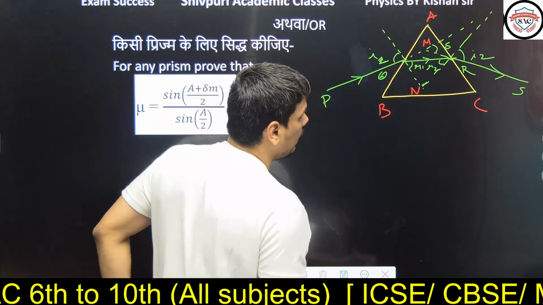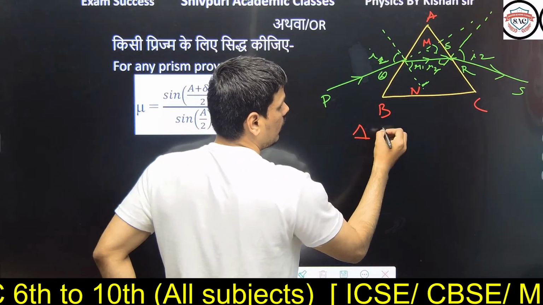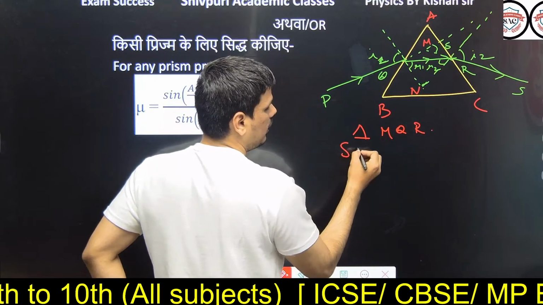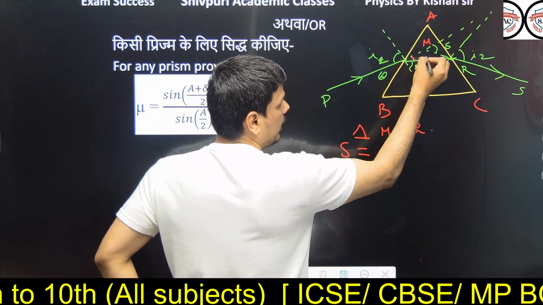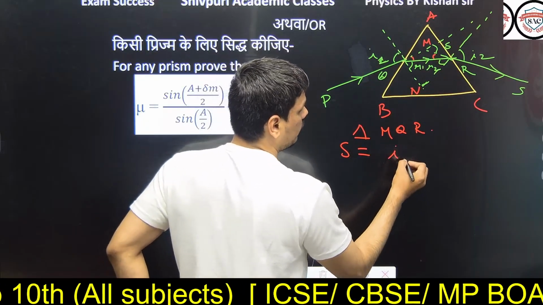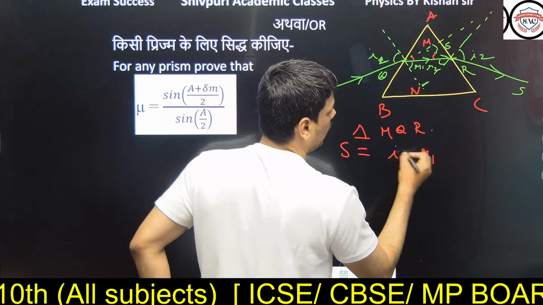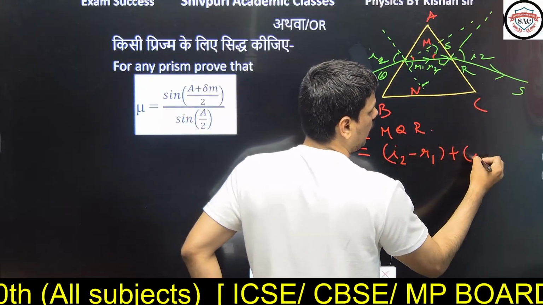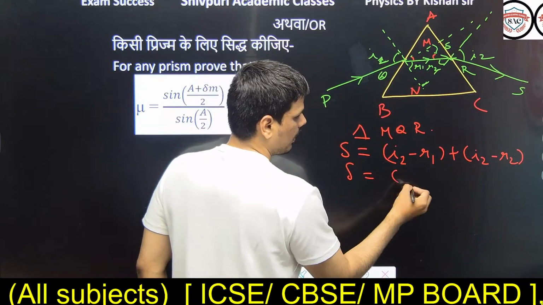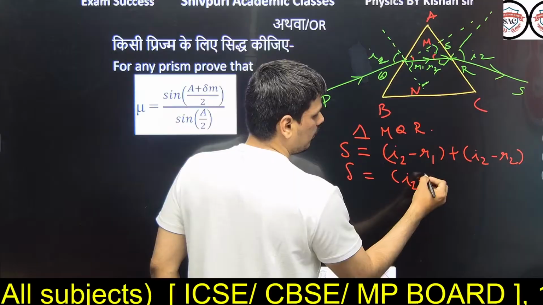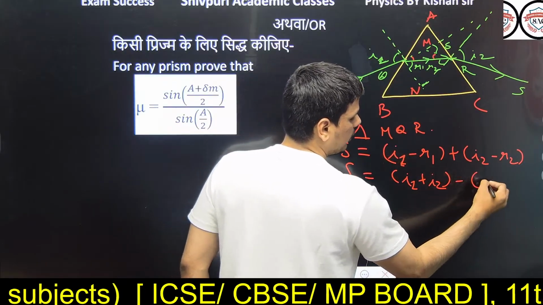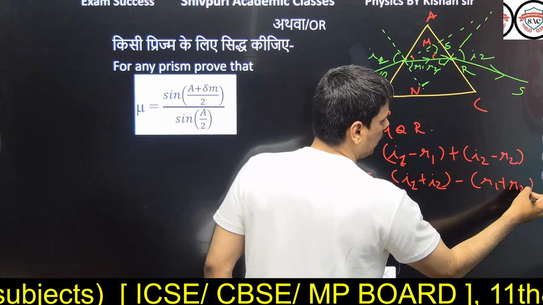In triangle MQR, our angle delta equals I1 minus R1 plus I2 minus R2, or we could write it like this: delta equals (I1 plus I2) minus (R1 plus R2).